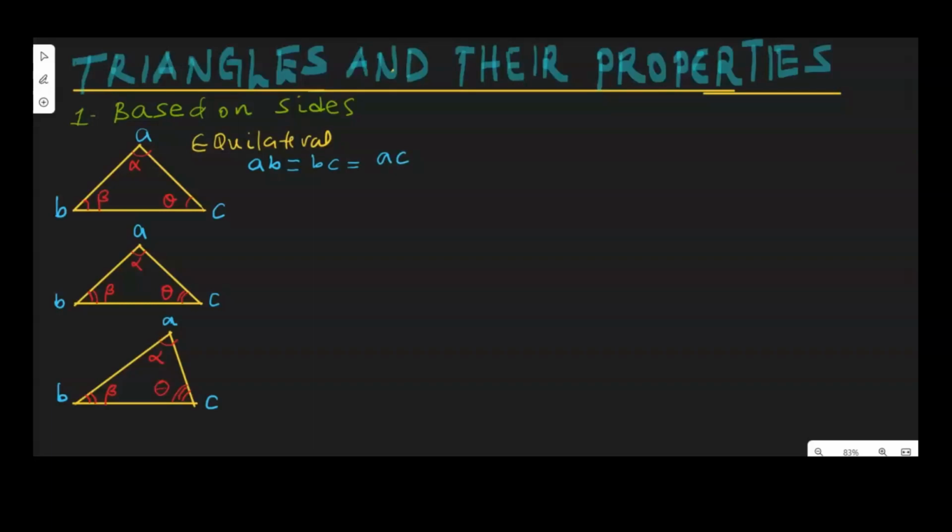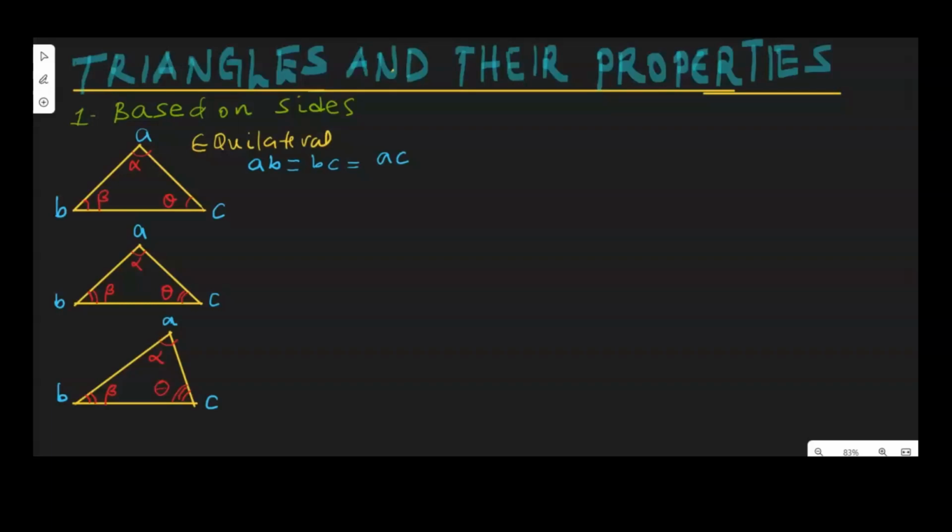That's one thing. What's another property of an equilateral triangle? Well, an equilateral triangle has got three internal angles which are also equal. Because of that, sometimes an equilateral triangle is called equiangular.